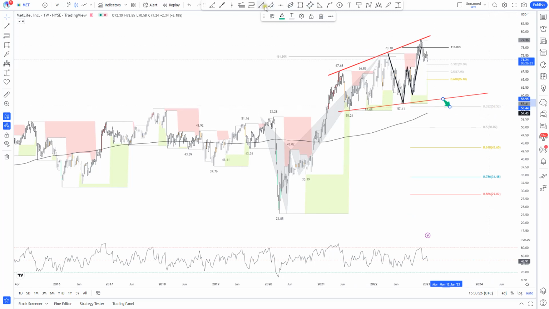So a fall below this ascending wedge, which, as I was saying, may trigger a lot of short positions to the downside, may act against those shorts with the price bouncing from these levels again. So we have the 200 moving average, which may act as an element of support together with the 38% fib. If that happens, that may offer a nice opportunity to go to the upside.